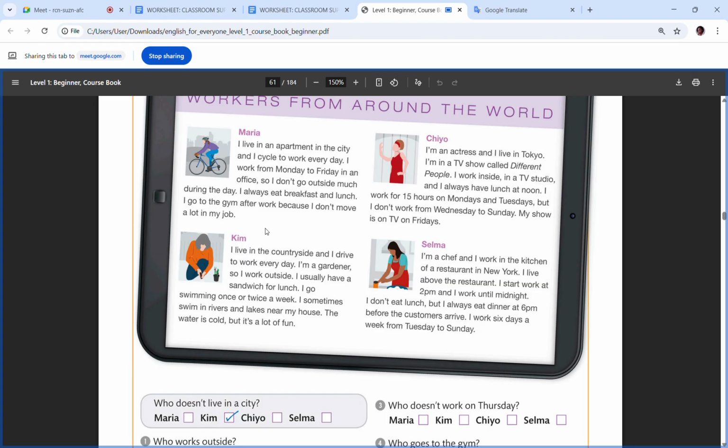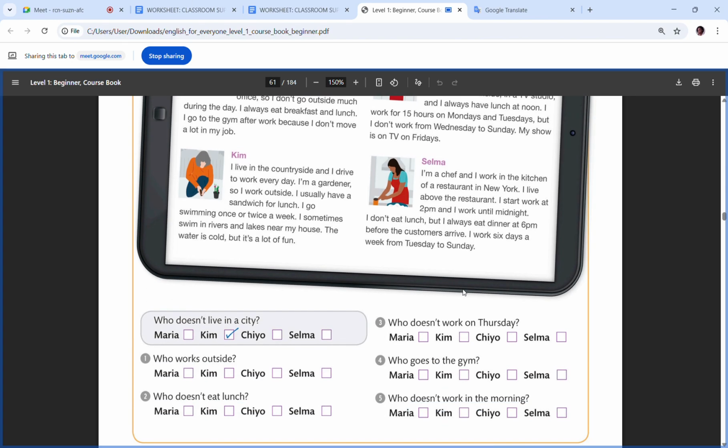Yeah, because she works in an office, right? She's always sitting, like me. I'm on the chair the whole day, so I have to stand up and move, right?